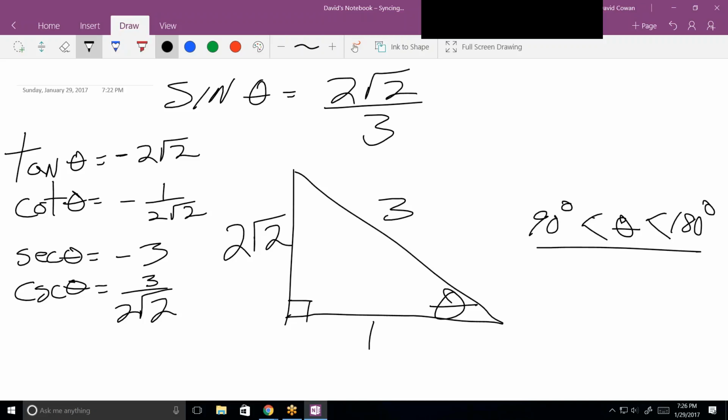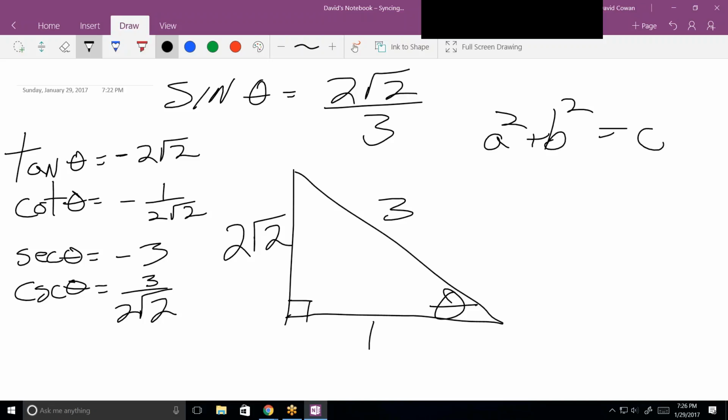But if you don't have a lot of practice doing it, a lot of people insist upon going back to the Pythagorean theorem and saying a squared plus b squared equals c squared, and then solving that for a or b. And there's a lot of work to get to the fact that the short side is equal to the square root of the hypotenuse squared minus the other short side squared.